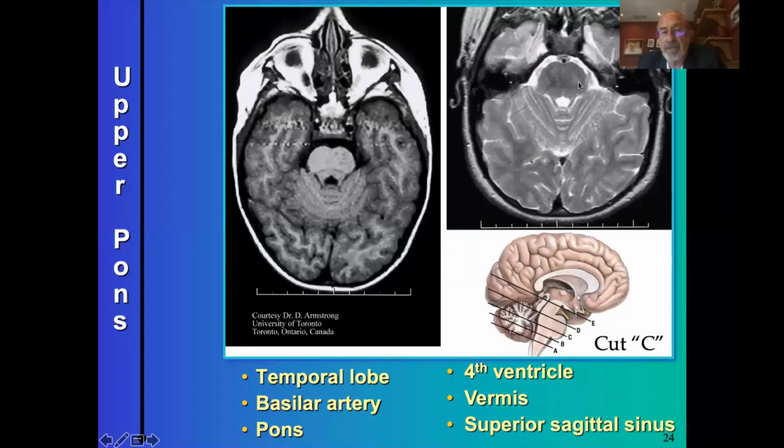The pons itself, between what we call the clivus and the pons, is the basilar artery, either a flow void artifact or not seen well on this one, and it always stands out as a key landmark. Back over here, we'll get into a little more as it gets lower into what we call the confluence of sinuses. So key landmarks to keep in mind: basilar artery, clivus, pons, fourth ventricle, vermis.